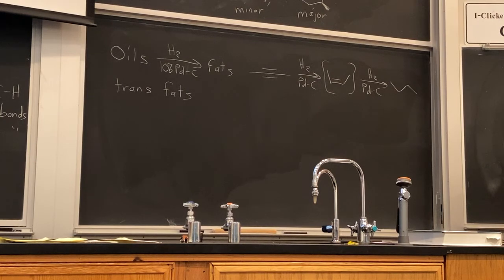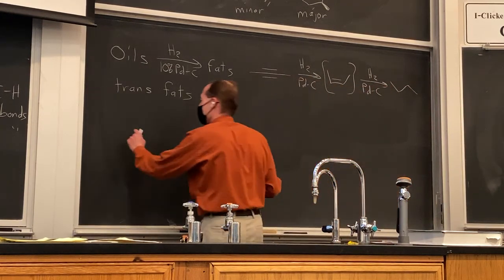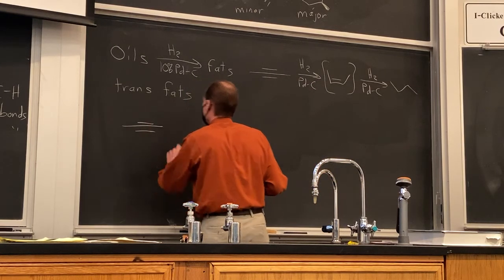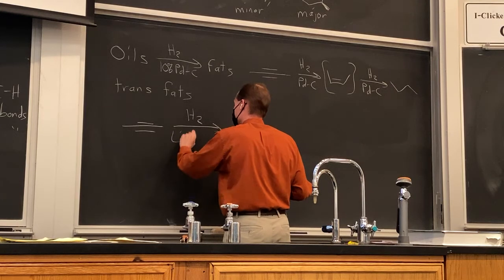So an alkyne should be more reactive, generally in addition reactions, than an alkene. So if we can reduce the activity of our catalyst to the point that we have a catalyst that will only react with alkynes, then we could stop at the cis alkene. And in fact, this can be done. Okay? And it is known as the Lindlar catalyst.